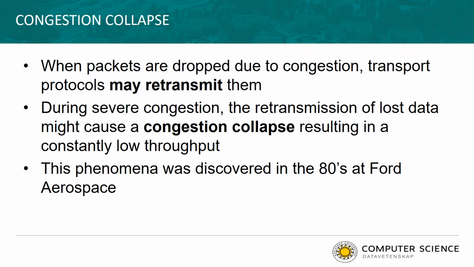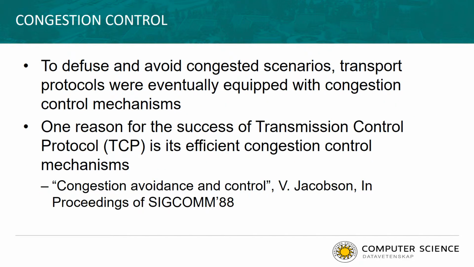And this is a state where no real useful data is passed through the network because you keep getting a lot of retransmissions and the packets are lost over and over. And this was a phenomenon that was first discovered in the 80s at Ford Aerospace.